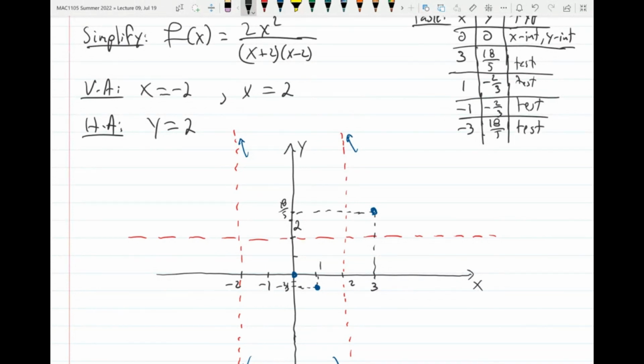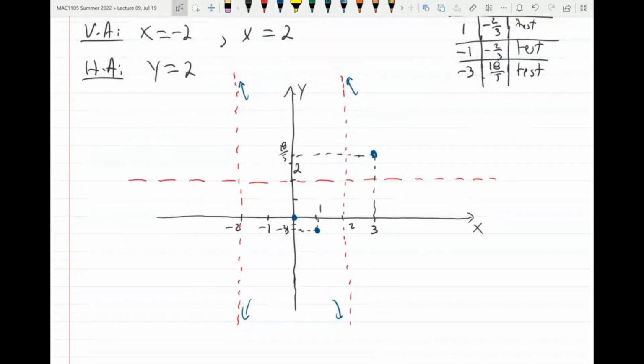Okay? So let's put our points, -1, -2 over 3. Go right here. Okay, and then -3, 18 over 5.